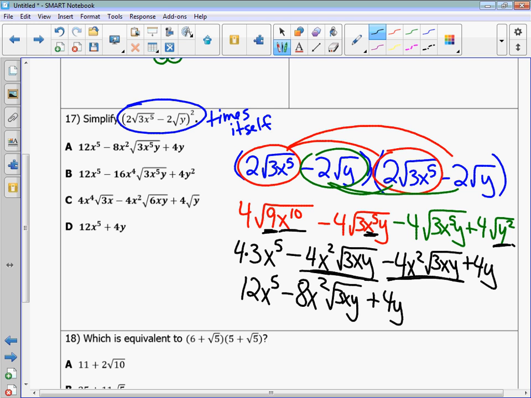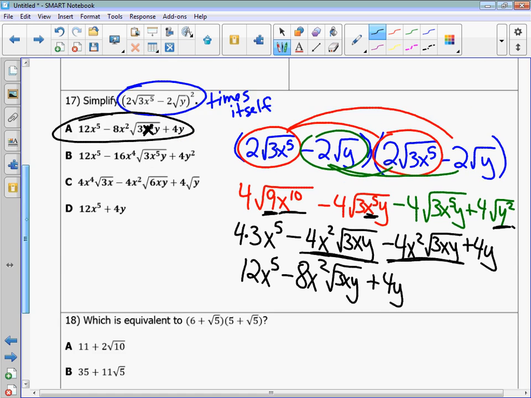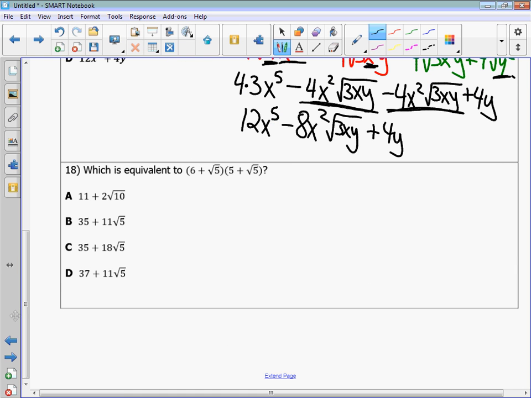18. Let's multiply this out. A little bit easier. 6 times 5, 30. So this is double distribution. 6 times the square root of 5 is 6 square root of 5. Multiply here. Square root of 5 times 5. 5 square root of 5. And square root of 5 times the square root of 5 is square root of 25. First term, 30. It's already simplified.